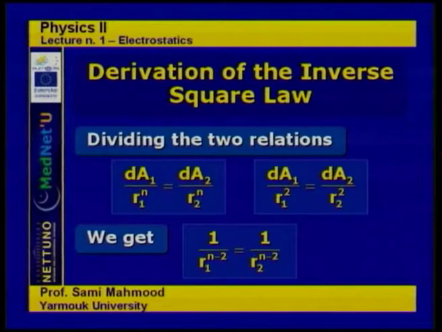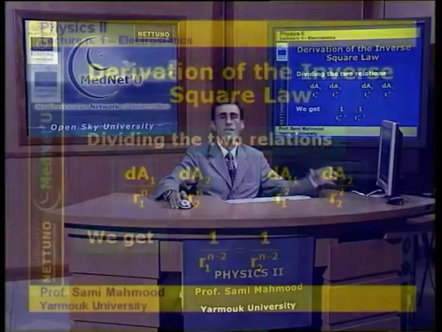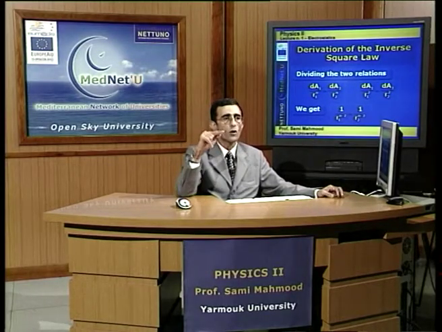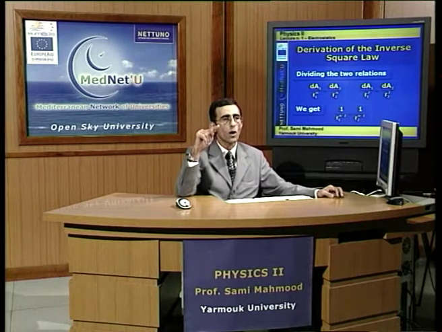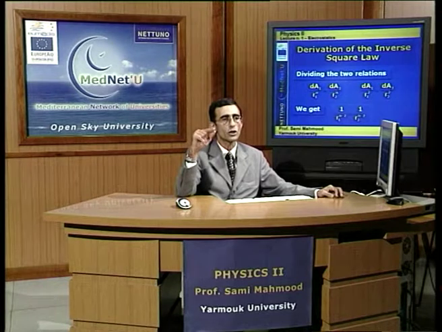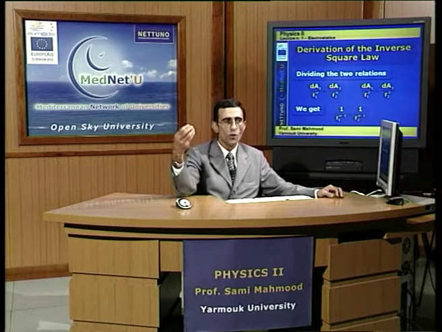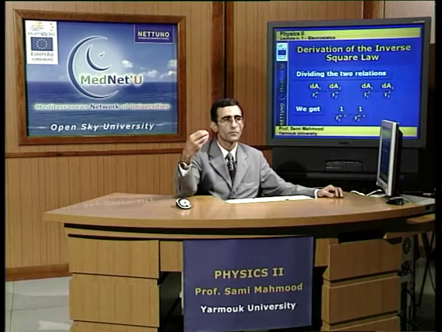And since in general r1 and r2 are variables, they can take any value, then 1 over r1 to some power cannot equal 1 over r2 to the same power for any values of r1 and r2.